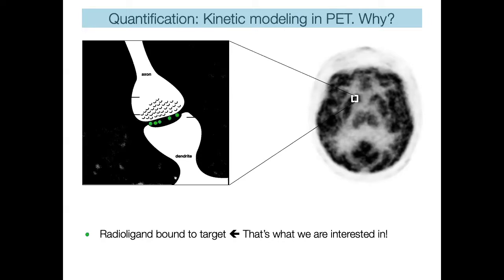So when you have a PET image, when you're looking at a voxel, what you're really interested in is the radioligand that's bound to your target of interest, right? But when you're looking at a PET image, you're not looking at purely just the specific binding of that tracer to your target.